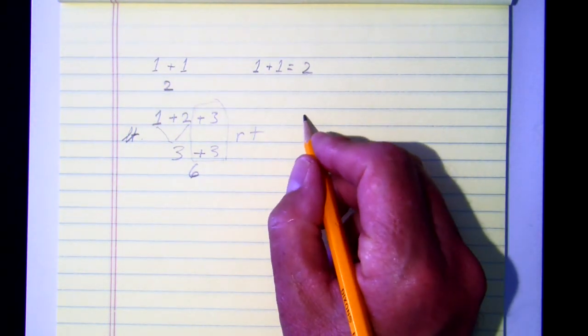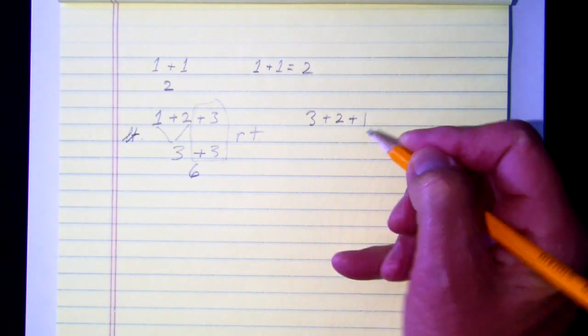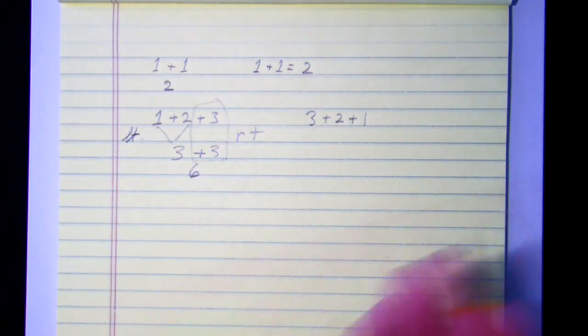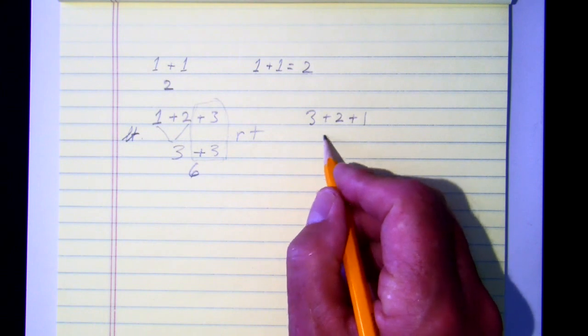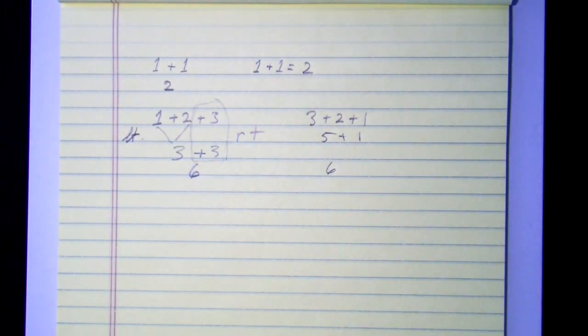Now, with addition, notice I can turn the numbers around. And it makes no difference. This is because addition can be commuted. Commute is to be moved around. Commutative.